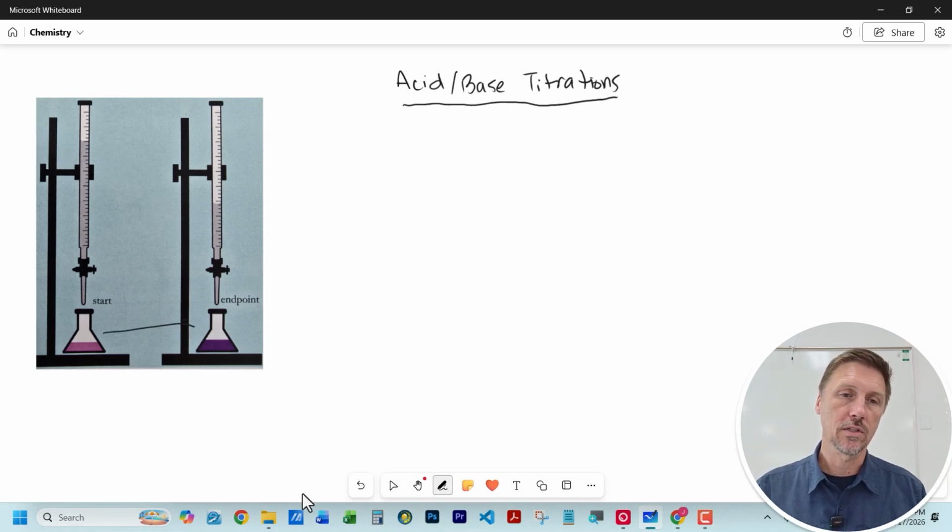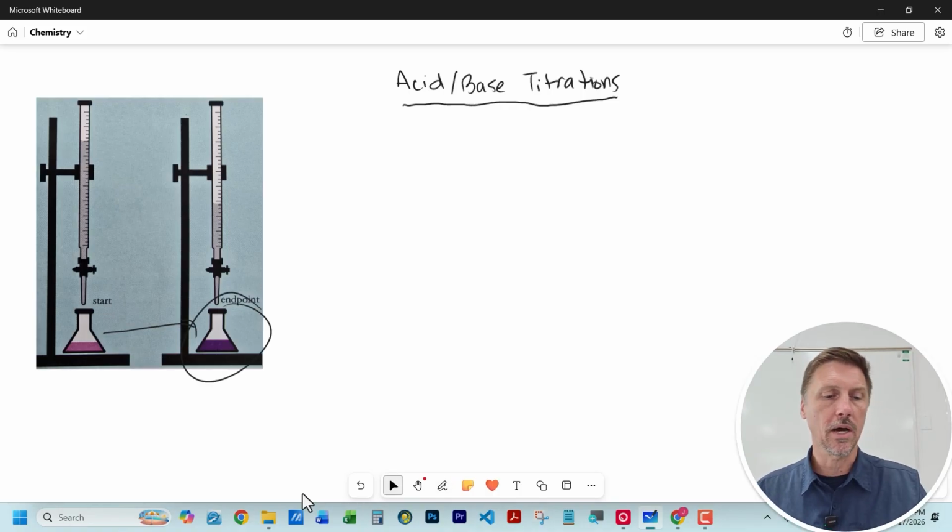So it goes from this color to this color over here, and you then know that you've just had a neutralization reaction. You've added just enough acid to fully neutralize the base that's in this Erlenmeyer flask down on the bottom here.